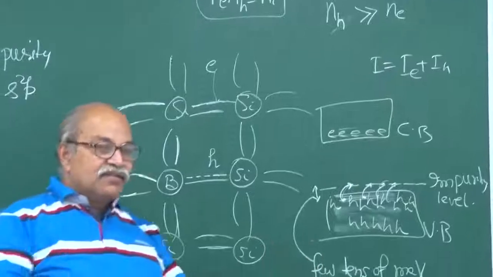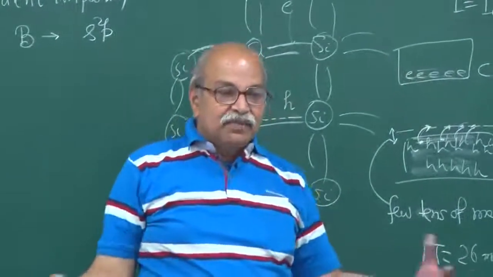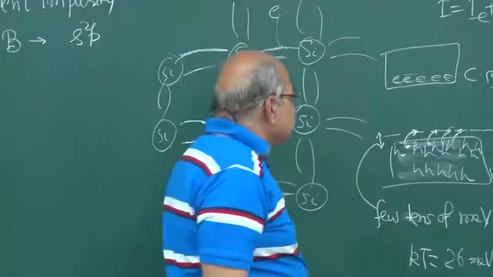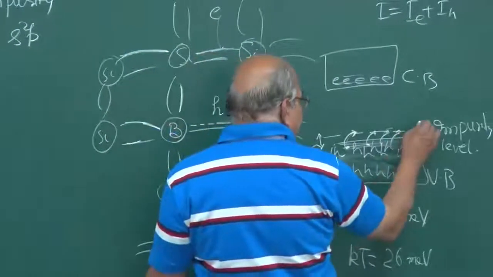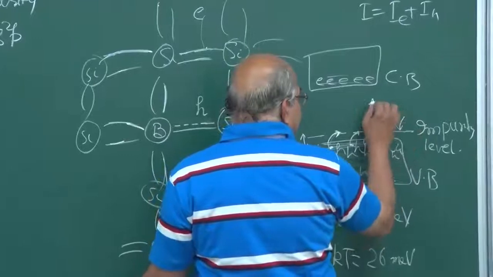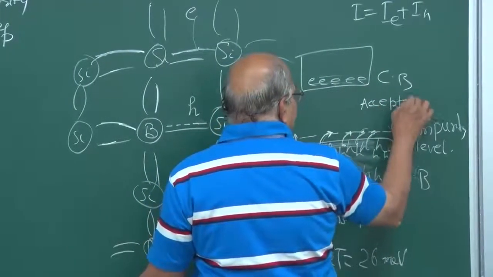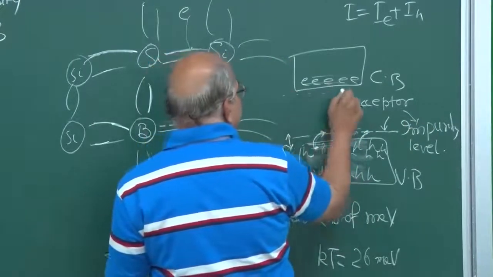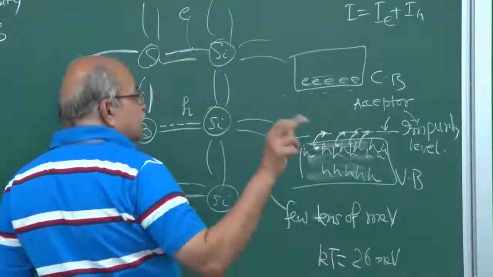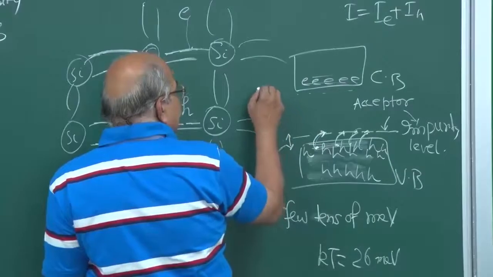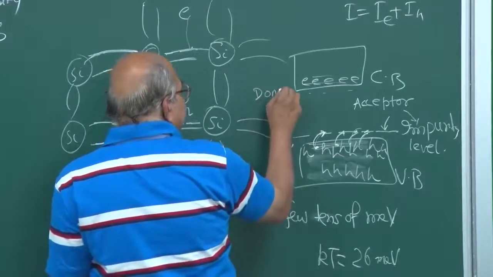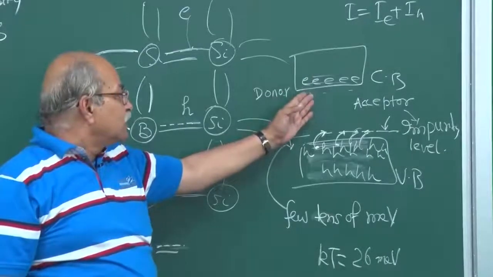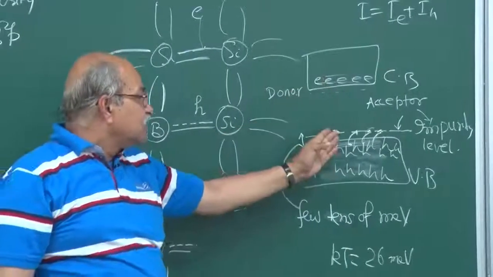So both kinds of doping, p-type doping and n-type doping, create impurity levels. By the way, there's another name for this. This is known as acceptor energy levels. And the energy levels which were created when we did n-type doping are known as donor impurity levels because they donate electrons, and these accept electrons.